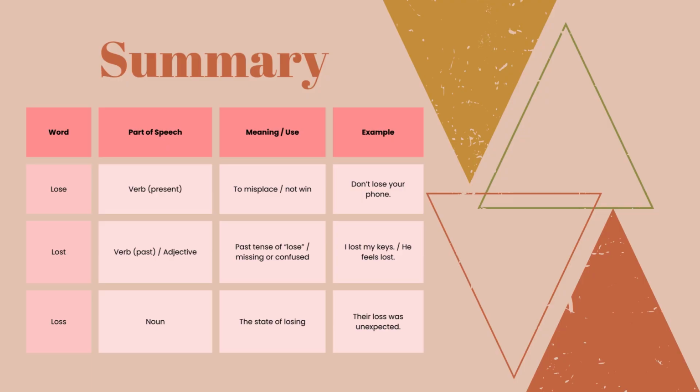Next, we have lost, a verb, but a past, an adjective as well. The past tense of lose, missing, or confused is the meaning. For example, I lost my keys. He feels lost. And loss, the noun, is a state of losing. An example of this is their loss was unexpected.